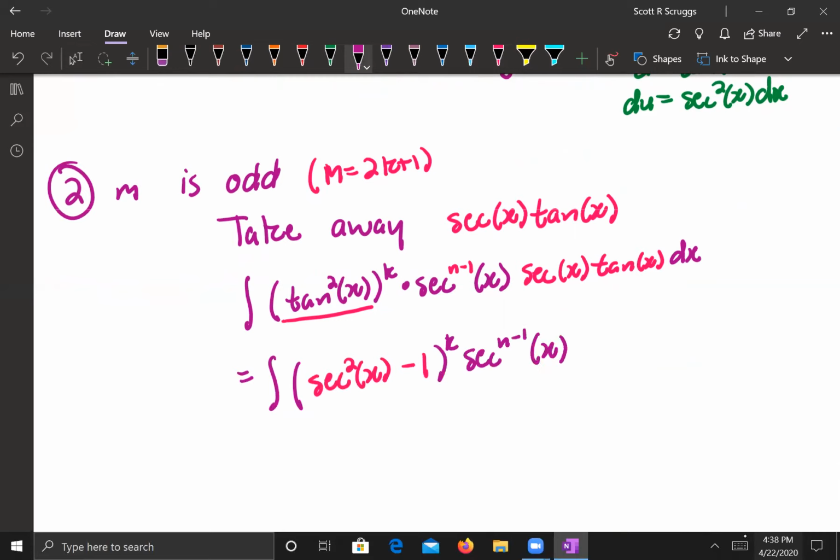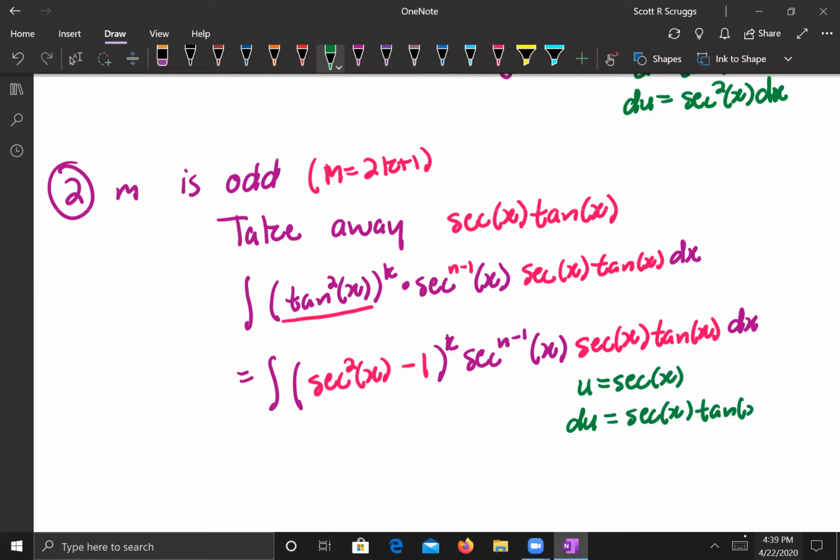And so in this scenario, our new u sub for this trig integral is u is secant, and du will be secant of x times tangent of x, dx. And that's how we tackle a trig integral if we have the power with tangent to be odd.